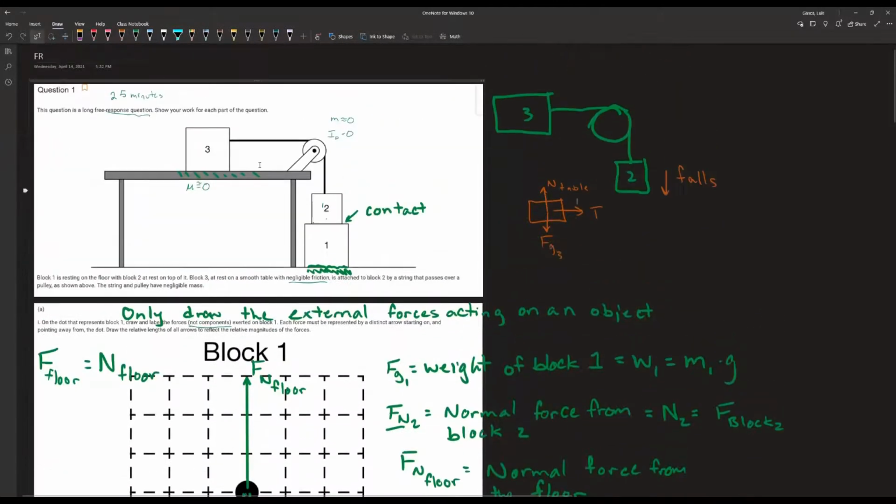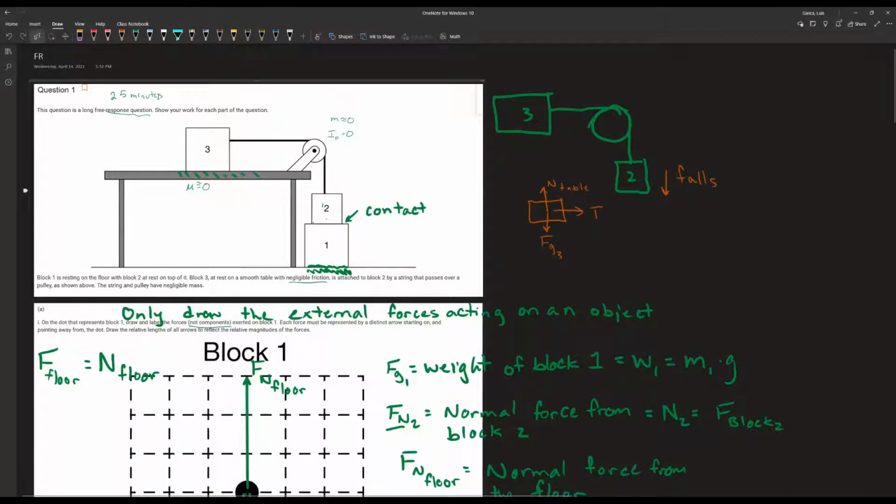Even though block 3 is more massive than block 2, and that's the big gotcha, they're saying this to throw you off, there's nothing for block 3 to dig into. There's no friction to keep it from sliding.